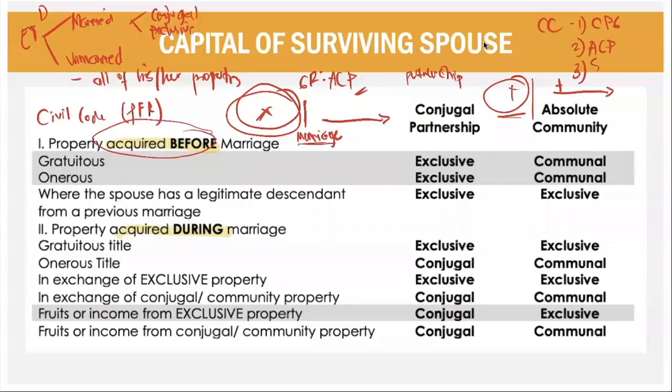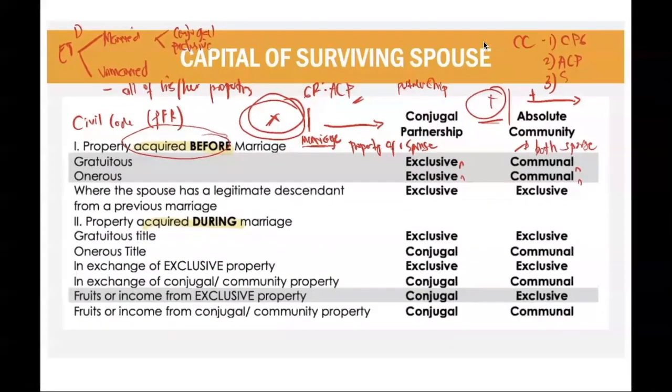So here, it is exclusive. While in your absolute community, it is considered communal or it is considered conjugal. Okay? Conjugal or communal is just the same. So when we say exclusive, it is only the property of one spouse, while communal, it is the property of both spouses.